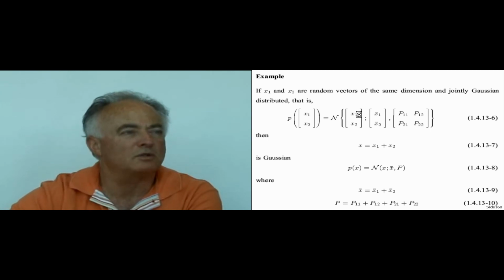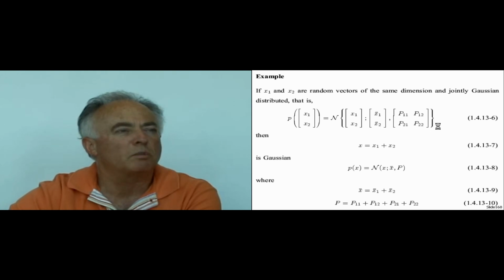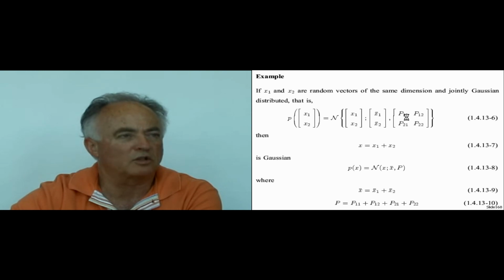The mean is the same stacked vector of the means x1 bar and x2 bar, and the covariance matrix is P11, that's a block, and P22, the second diagonal block, with off-diagonal blocks P12 and P21. We'll see them immediately in more detail. Then, this is the covariance of x1 with x2. This is the transpose, or the covariance of x2 with x1.